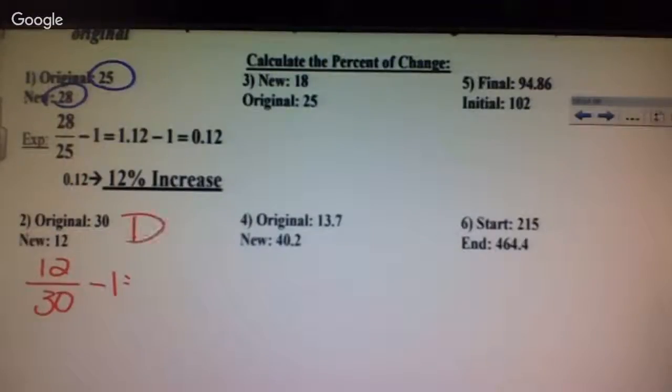Negative 0.6. That negative tells you that it's a decrease. And 0.6 means you're paying 60% off the original price. That's a dang good sale.